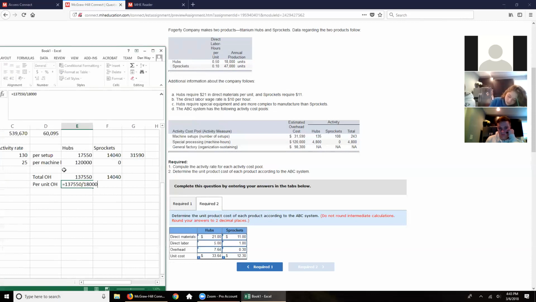So again, the 137,550 in total overhead cost for the hub line, divided by 18,000 units of hubs, means a per unit cost of 7.64 rounded off. And then same idea for the sprockets, 14,040. They told us we made a whole bunch of those, 47,000. So that per unit cost rounded off to 30 cents.